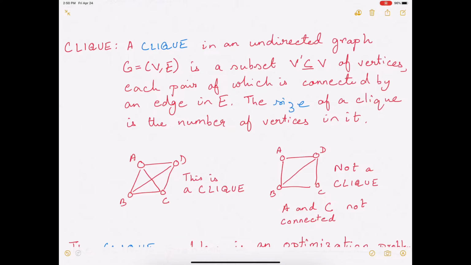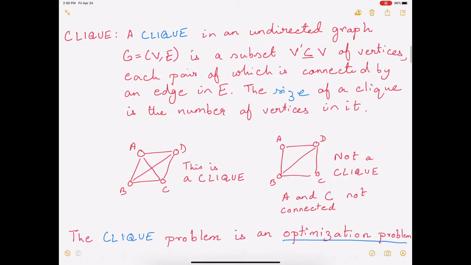So let's try to understand this with this example here. In the first, A, B, C, D are all connected directly to all other vertices. For example, let's consider A. A is directly connected to B, C, and D. Similarly, B is directly connected to A, C, and D. The same holds true for C and D. So this particular example is a CLIQUE. Now let's look at the example on your right. A and C are not connected to each other.